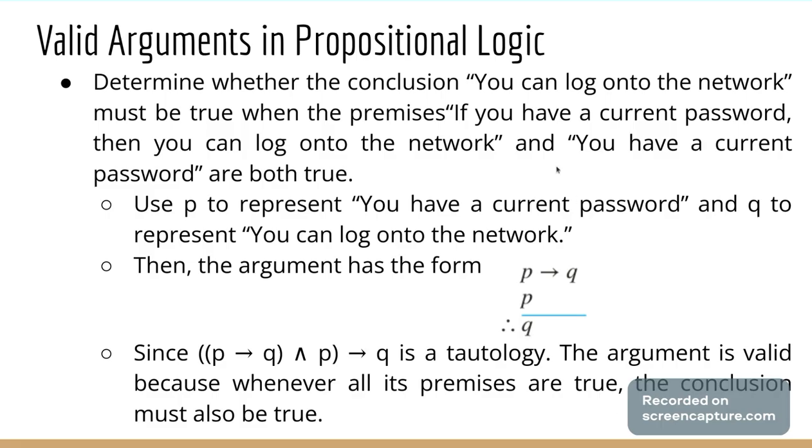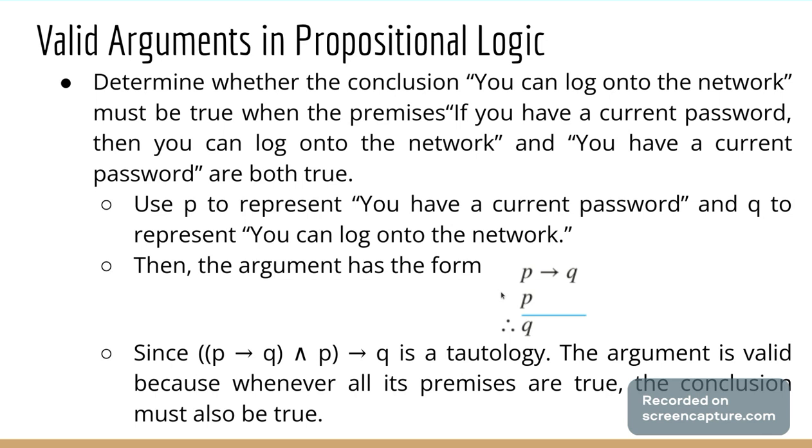Then the first premise, if you have a current password, you can log on to the network, is P implies Q. And the second premise, you have a current password, is P. If both P implies Q and P are true, then this argument is of a particular form. We're going to look at different forms of arguments a little later. This particular argument is a valid form.